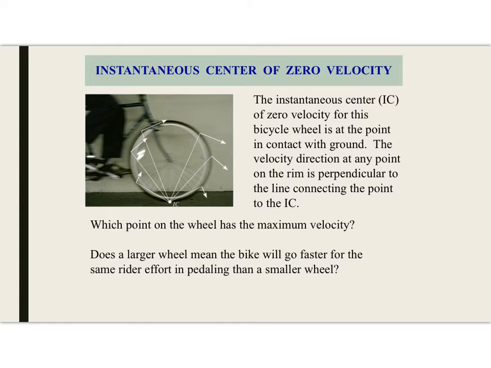But because the whole bicycle wheel is rotating with some angular velocity, we can express the velocity at different points on the wheel relative to that zero center point, knowing the distance from the instantaneous center to where we want to know the velocity, and also knowing the rotational rate of the wheel. So that's what we're looking at here. It means that the velocity is much easier to find because it's simply a product of a distance and an angular velocity.